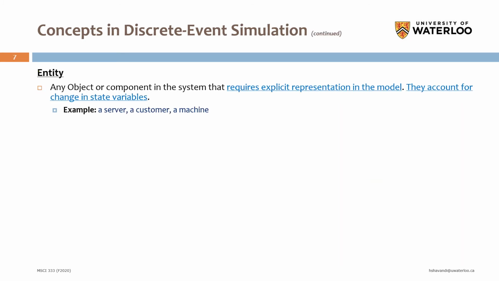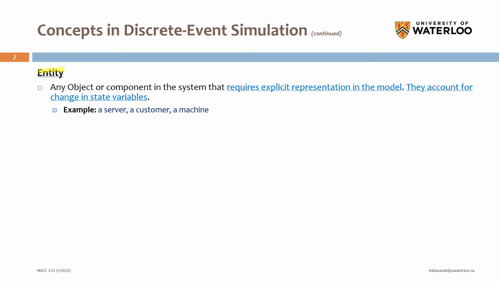The entity: any object or component in the system that requires explicit representation in the model is called an entity. Entities usually arrive in the system from the outside, move around the system for a while, and after a while they take their service and then leave the system.